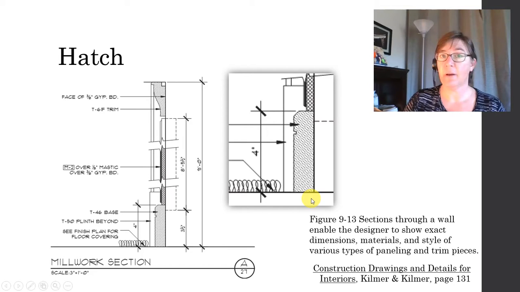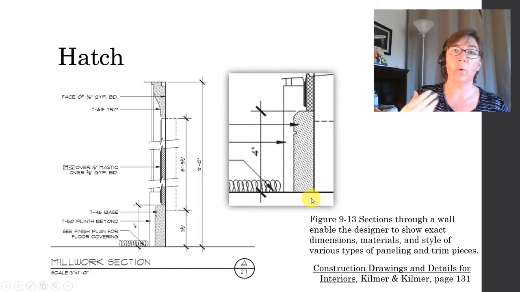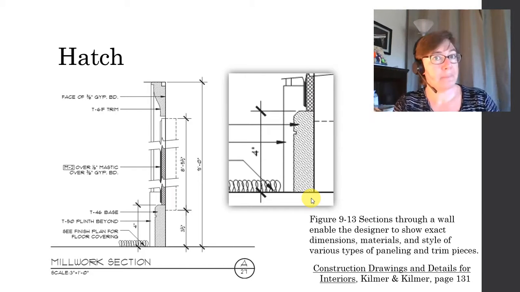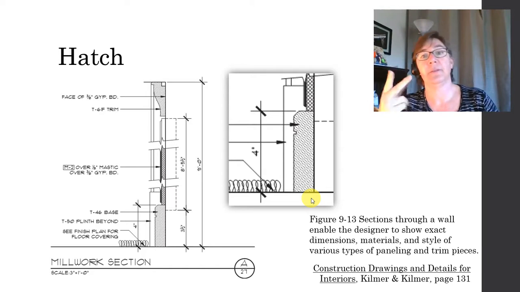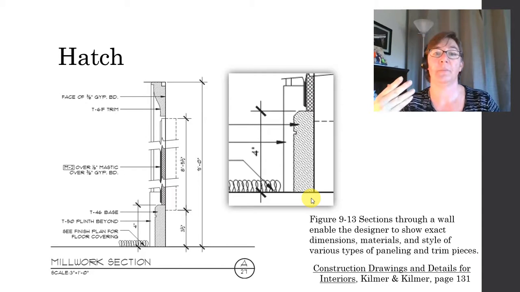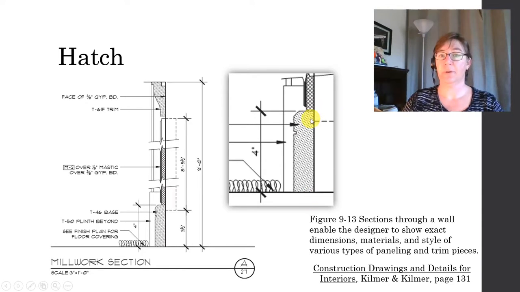Now, neither of those are kind of a standard wood trim hatch pattern. So what we're really trying to do here is differentiate between the two different materials that we're cutting through. And then you can see this piece back here, we're not cutting through.